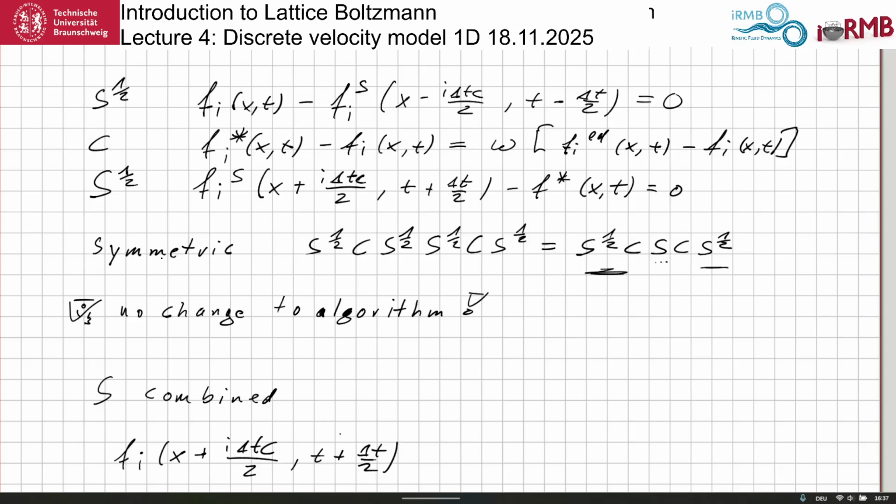We combine the pre-collision with the post-collision, so they should be the same. I subtract them and set them to 0: Fi at x minus I delta t c divided by 2, at t minus delta t half, and this is equal to 0, right? So we move the post-collision 1/2 distance, and we move the pre-collision 1/2 distance.